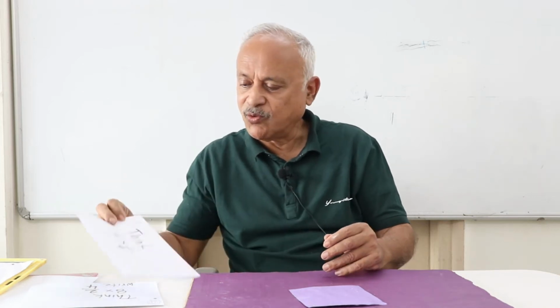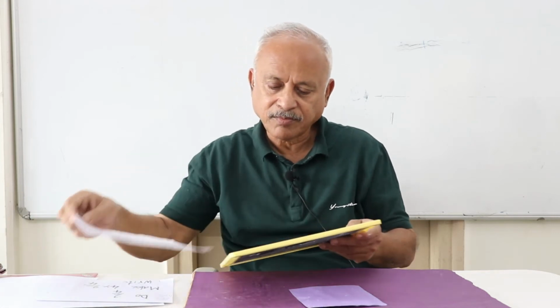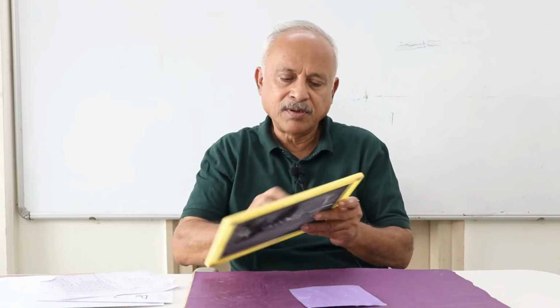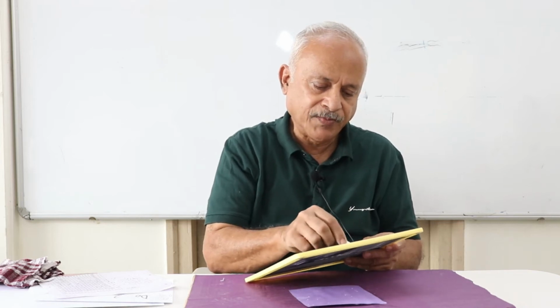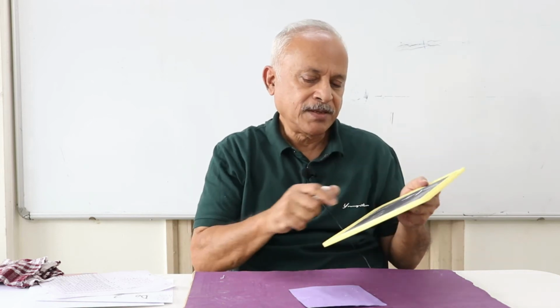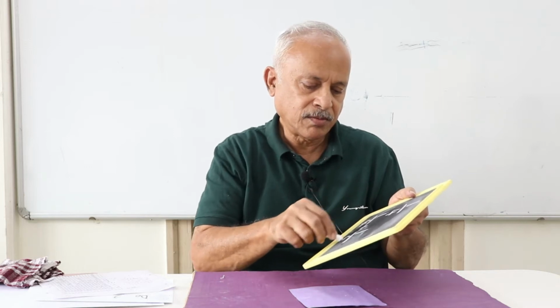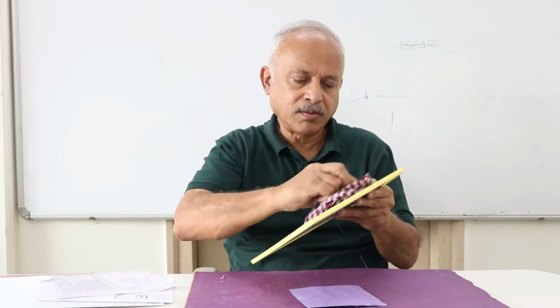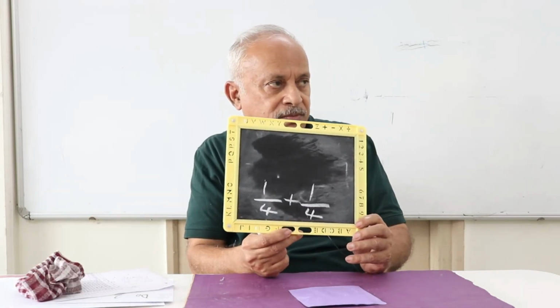Let's come back to what we had done earlier. This was one piece of 1 by 4, right? Now this is how many pieces of 1 by 4? 2 pieces of 1 by 4.